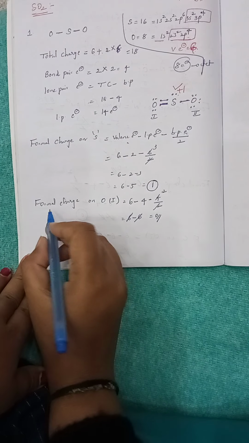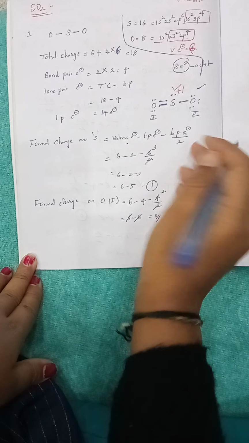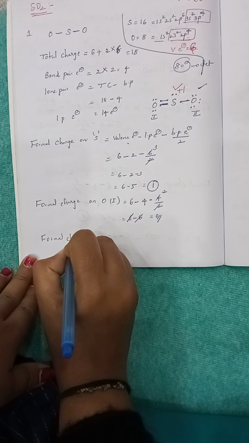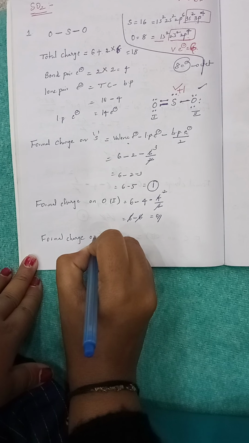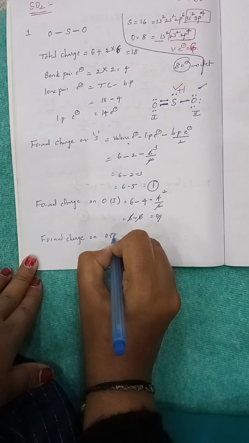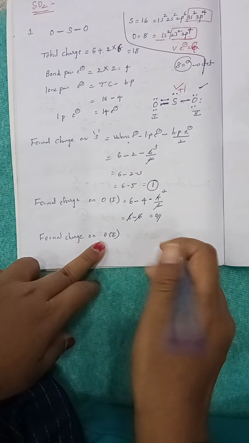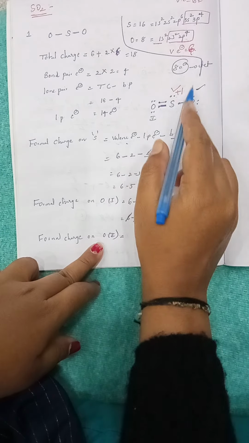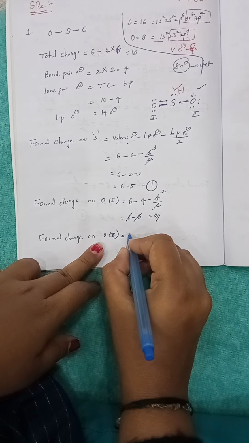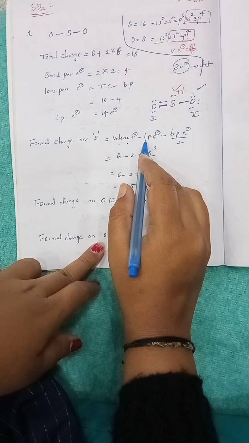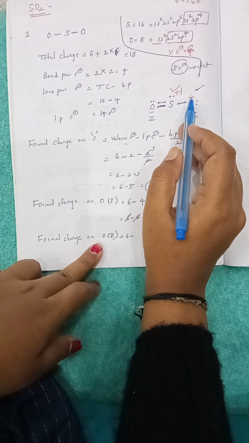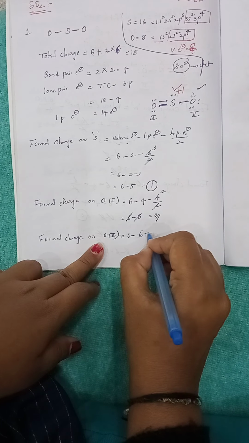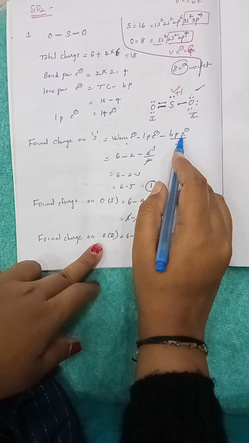Okay, next we have to calculate the formal charge on the second oxygen. The formal charge on the second oxygen equals valence electrons. Valence electrons in oxygen is 6, minus lone pair electrons. How many lone pair electrons are there? 2, 4, 6, minus bond pair electrons.